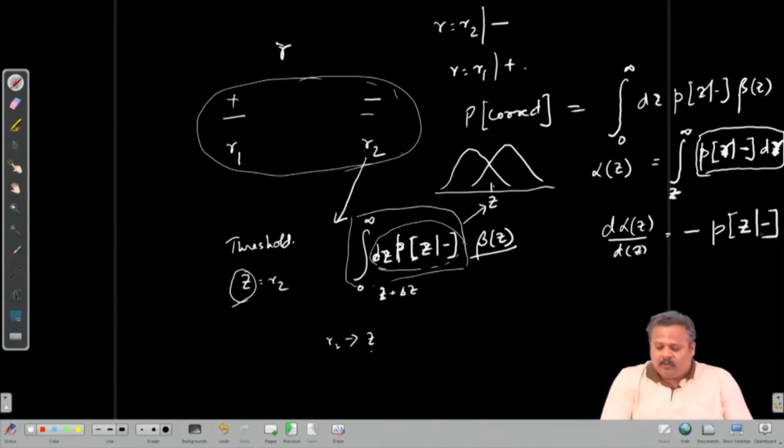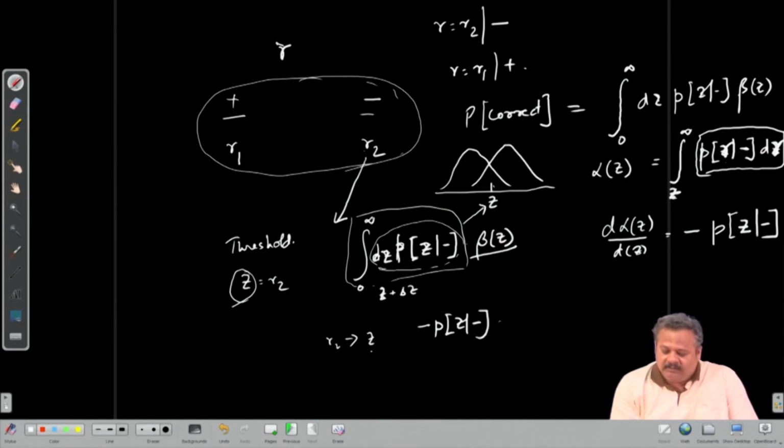So now the probability of correct, if we consider, is minus p of z given minus times dz, which is our d alpha from this equation.